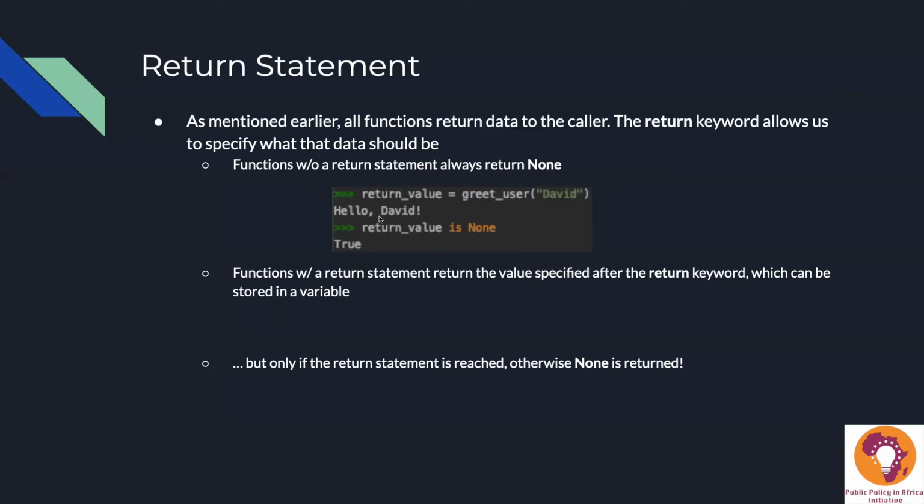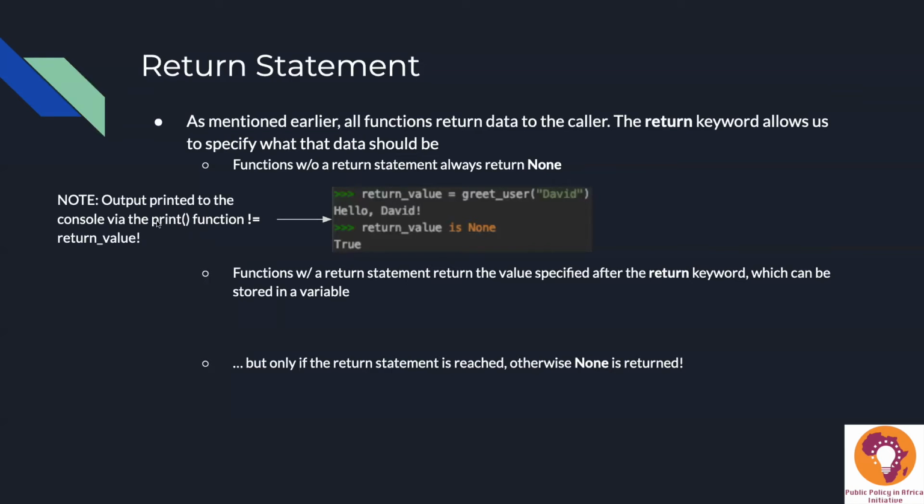And we see that it prints hello David because that's what this function does. It prints hello to whatever name is passed up here to the console. And then I check, is my return value None? And it is. My return value is in fact None. We get True there. So that's showing that greetUser did return something, but it just returned None because there was no return statement explicitly saying to return some value.